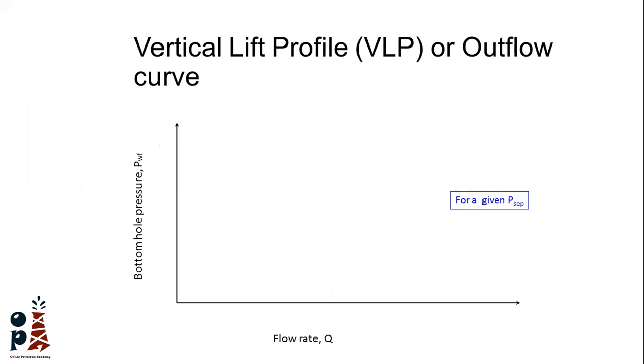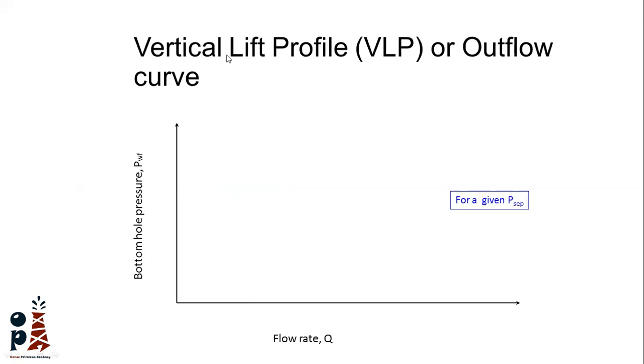So what is VLP? VLP is a mixture of this pressure traverse, which means for a certain gas oil ratio, for the same separator pressure or wellhead pressure, for the same water cut, there is a relation between the bottom hole pressure and the rate here.